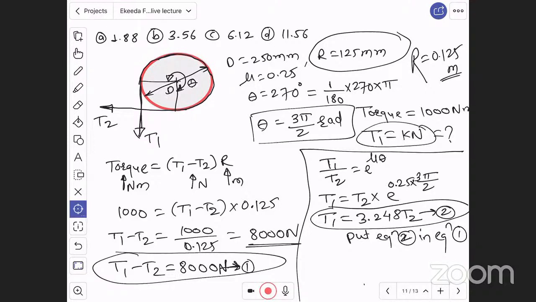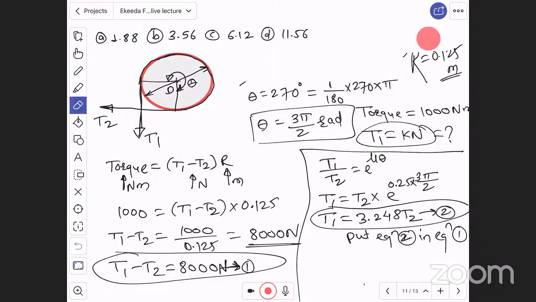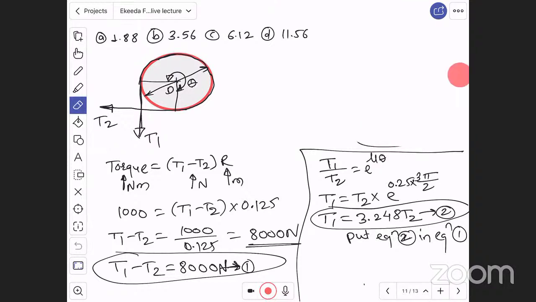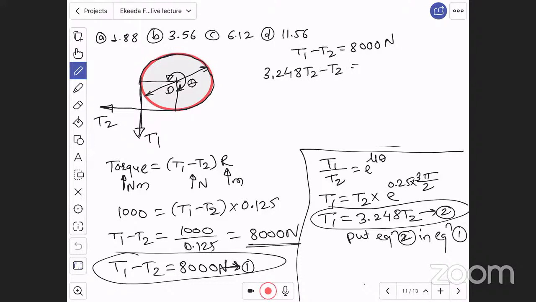Now if I put equation 2 in equation 1, what is equation 1? Equation 1 is T1 minus T2 is equal to 8,000 Newton. Therefore, 3.248 T2 minus T2 is equal to 8,000 Newton.